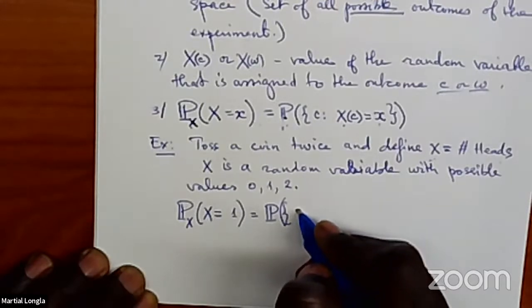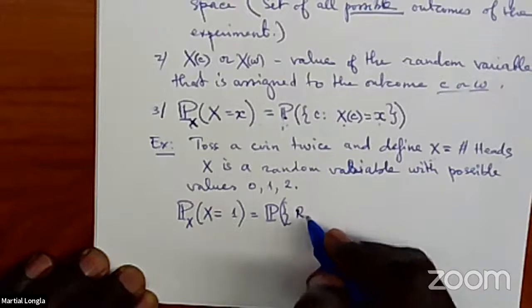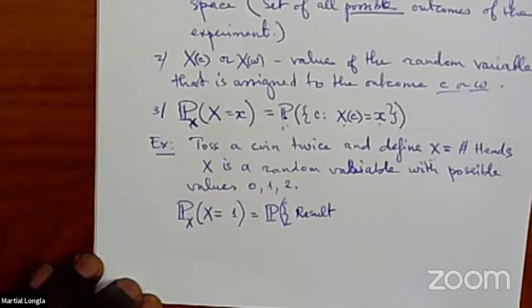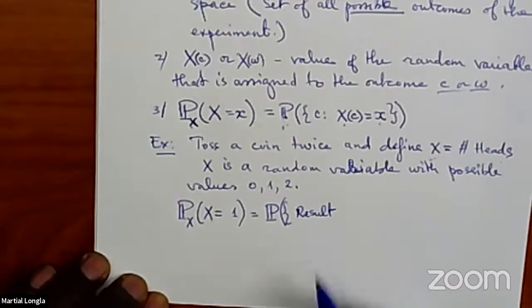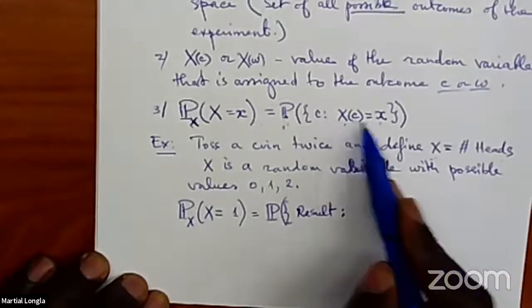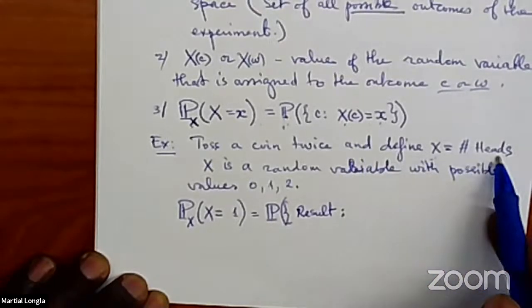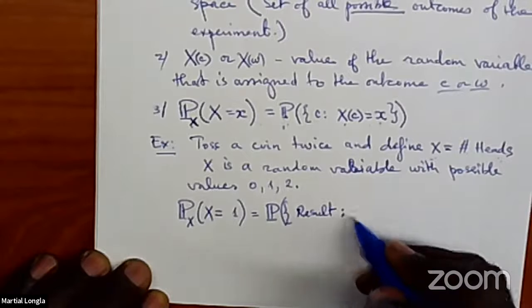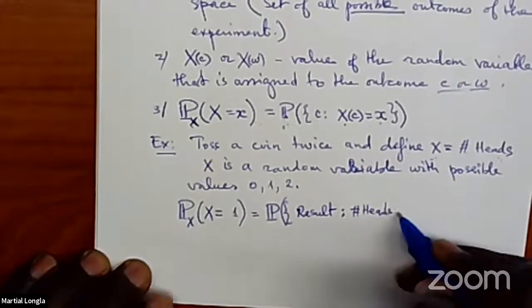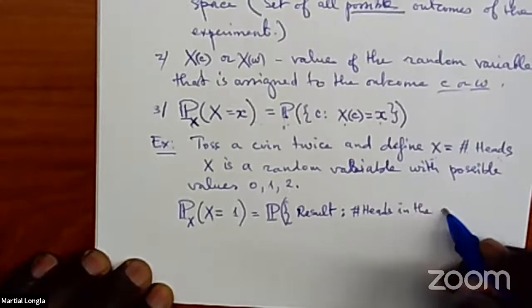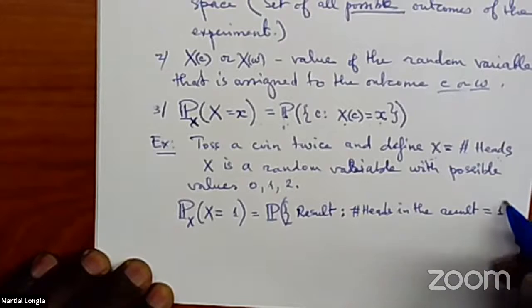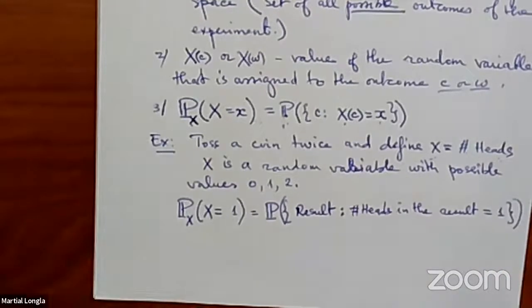Let me call C the result of the experiment, such that, what is X defined as? Number of heads, right? Such that the number of heads in the result is equal to 1. That's what that definition is.